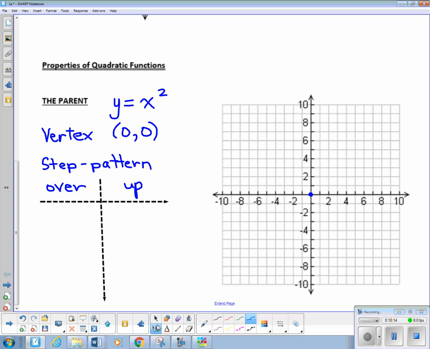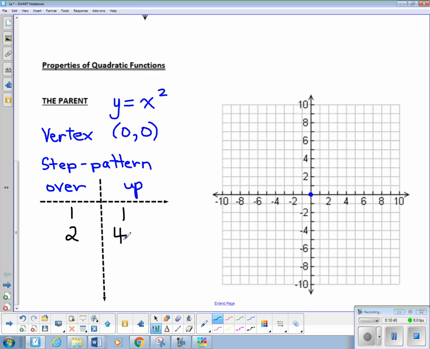So in most cases, we're going to go over 1. Because this is squared, it's going to be 1 squared. 1 squared is pretty easy. It's 1 times 1, which is 1. Then we go back to the vertex and go over 2, and we do 2 squared, which is 4.